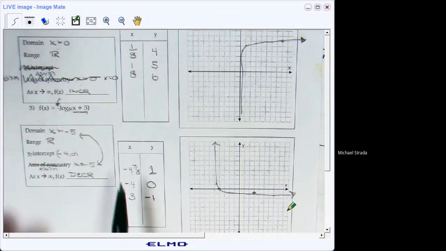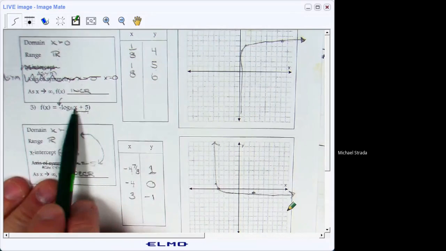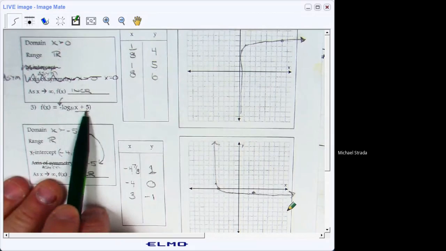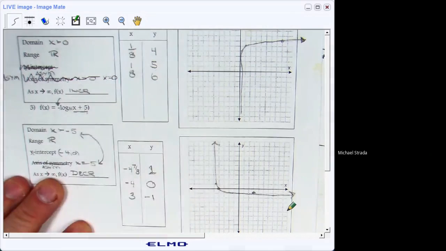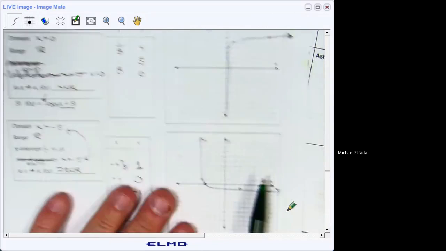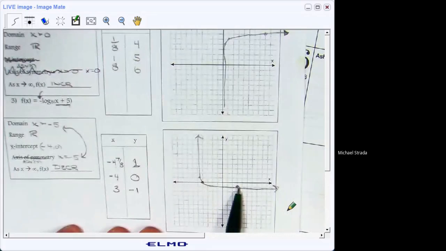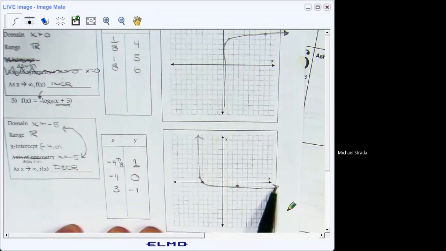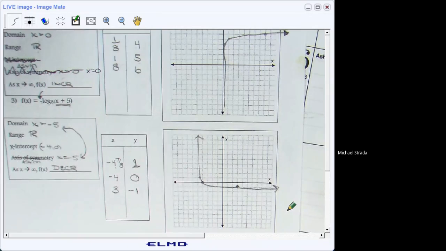So whenever there's no coefficient, like in this one, you just do the opposite of the number to your original table value. If you plot them, (-4 7/8, 1), (-4, 0), (3, -1). Instead of going up, it's going down. That's because just like with exponentials, the negative is a reflection over the x-axis.